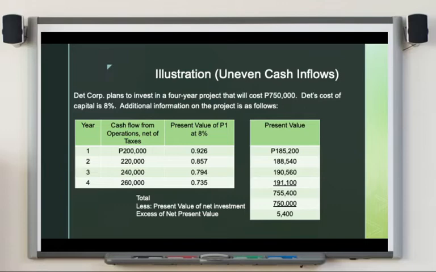So comparing it with the present value of the net investment of 750,000, we still have an excess net present value of 5,400. So therefore, we can still accept the project because there is more amount to be received for the entire 4 years as compared to the net investment.